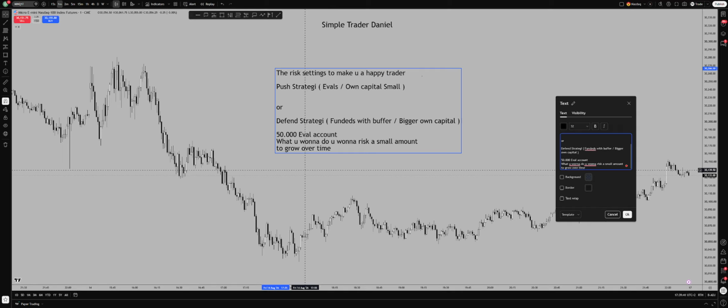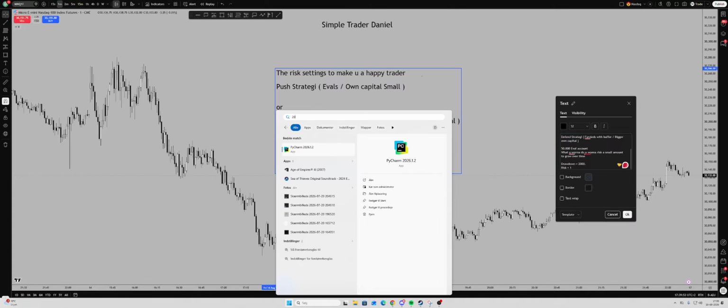And that's important. So you're going to say drawdown equals 2000. That means risk equals 2000.